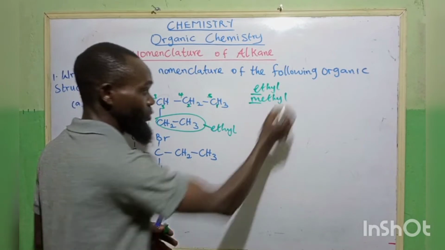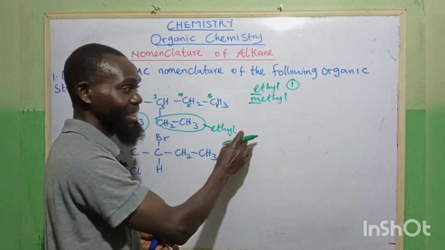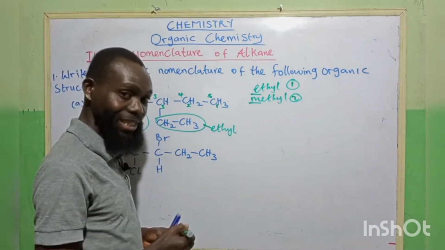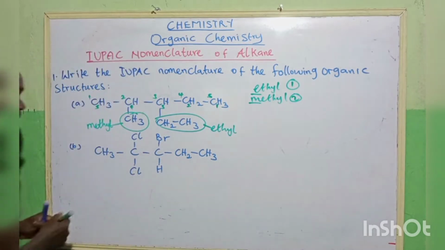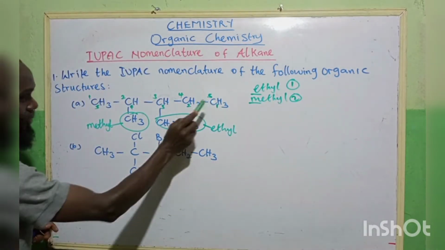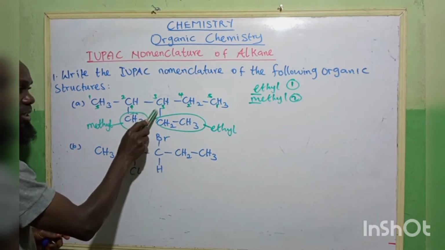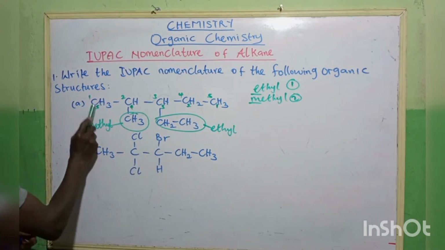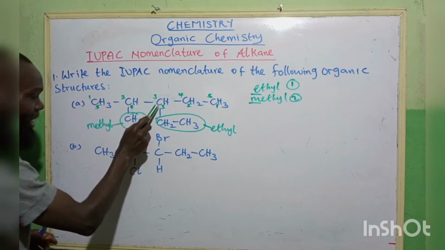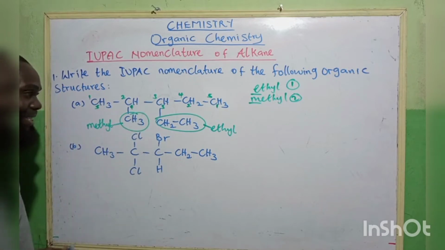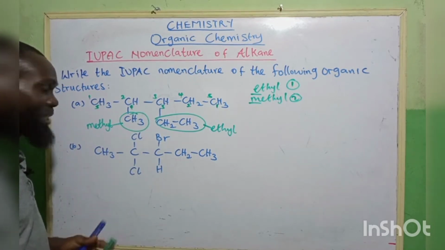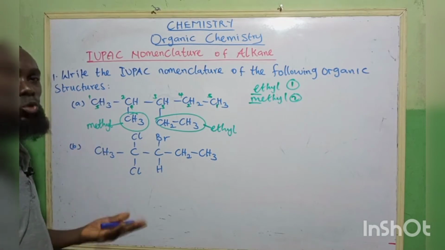E will come first. I'm going to name ethyl before I name methyl. If I start from my right hand side, 1, 2, 3, my ethyl is on the third carbon. On the left hand side, my ethyl is still on the third carbon, the same place. Then how am I going to know?